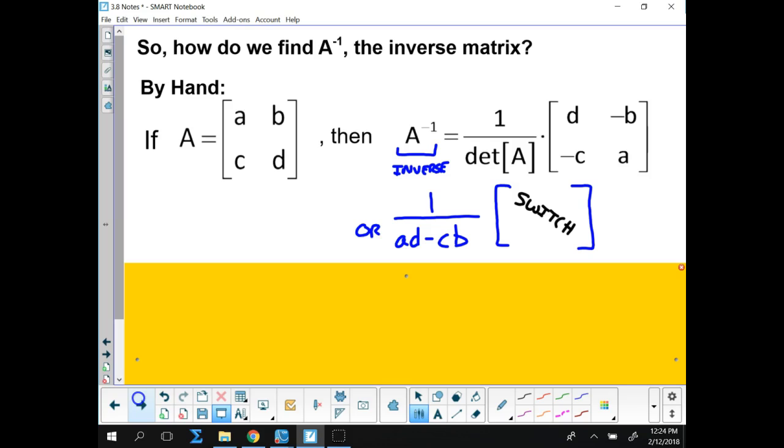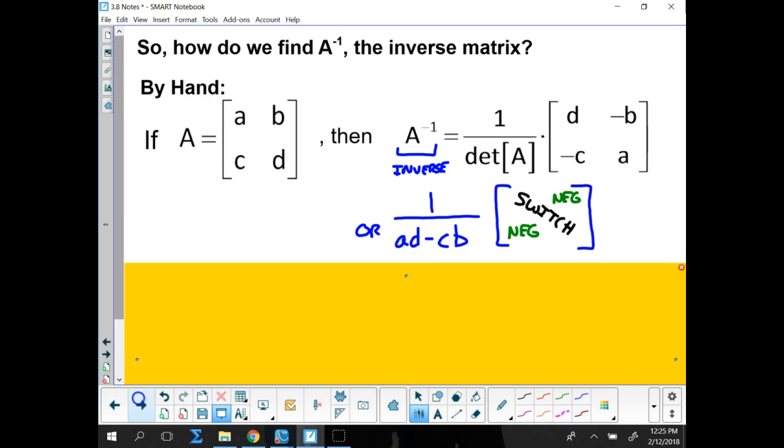I negated the other 2. So to find the inverse of a 2 by 2 matrix, I first find the value of its determinant, and I put that out in front, 1 over the value of the determinant. Then, for the actual matrix, I switch the main diagonal, and I negate the other 2.